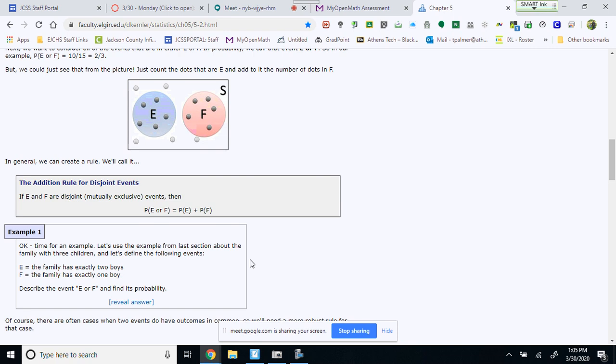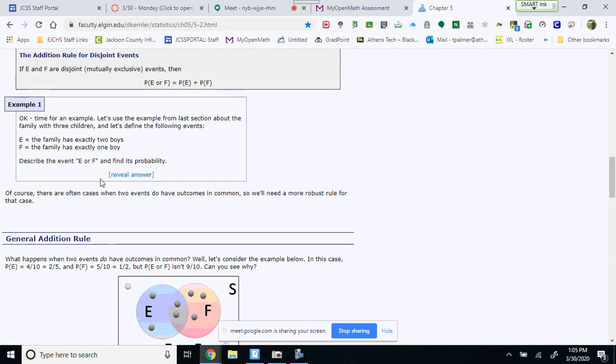The next one that we're going to look at for Wednesday, Thursday is the multiplication rule. Now that's an AND, right, where you multiply the probabilities together to get your answer. And it kind of goes through here. It's like example 1, find a probability, boom, and then you can hit reveal answer, right?